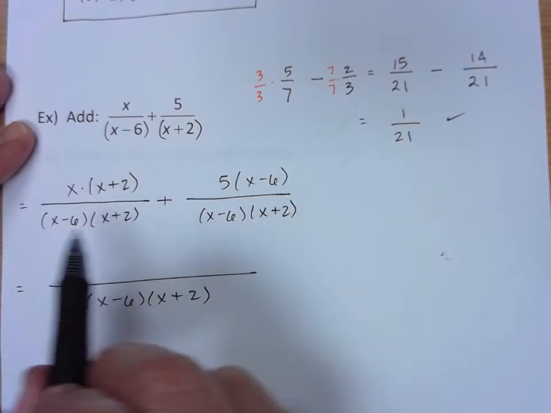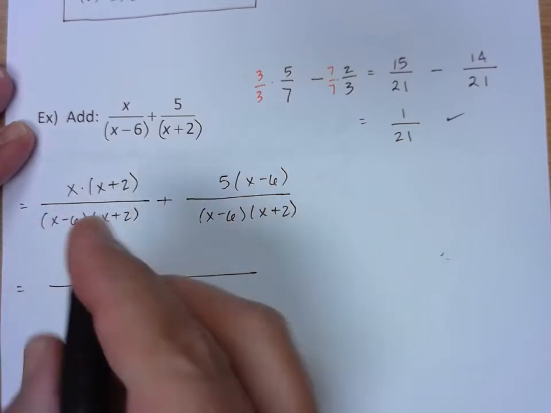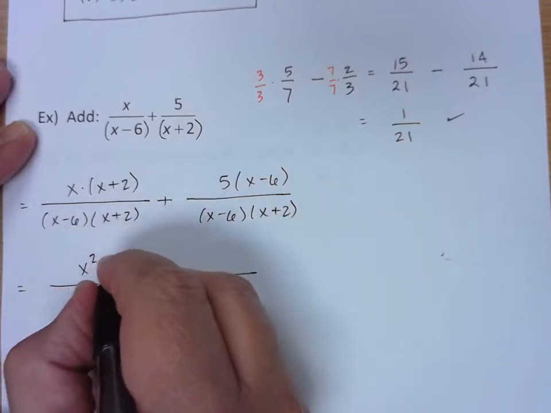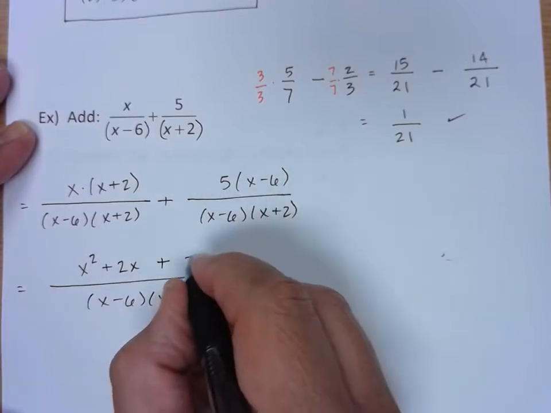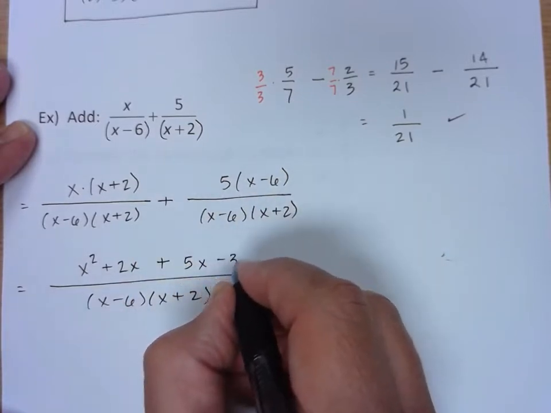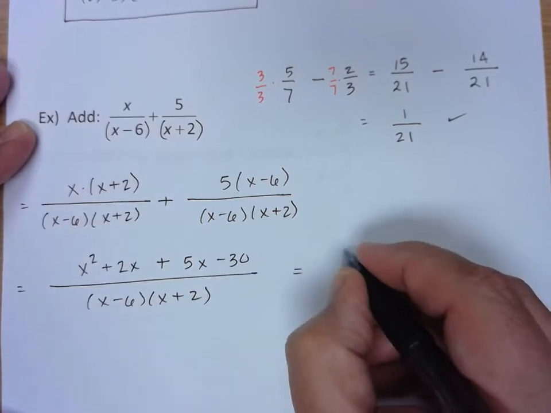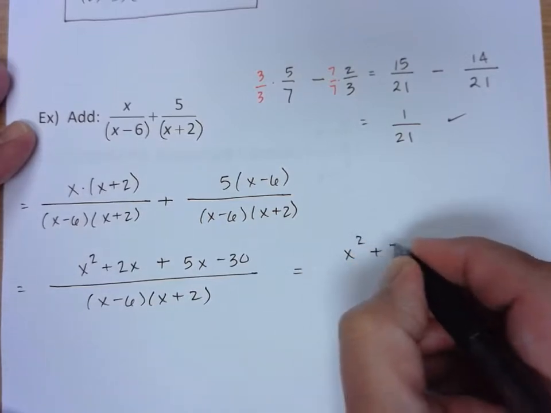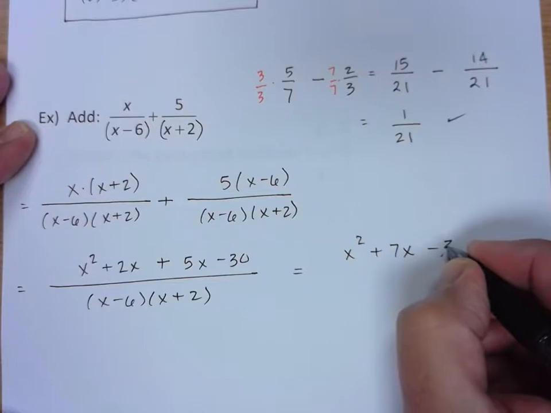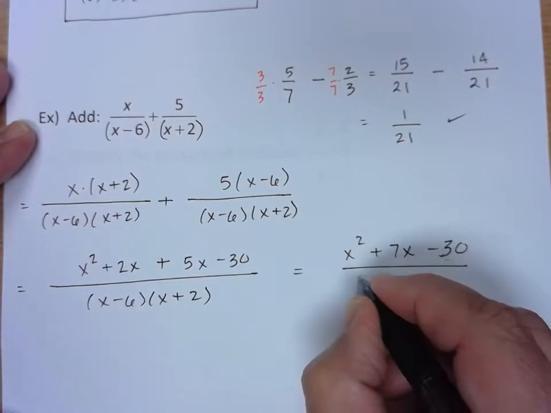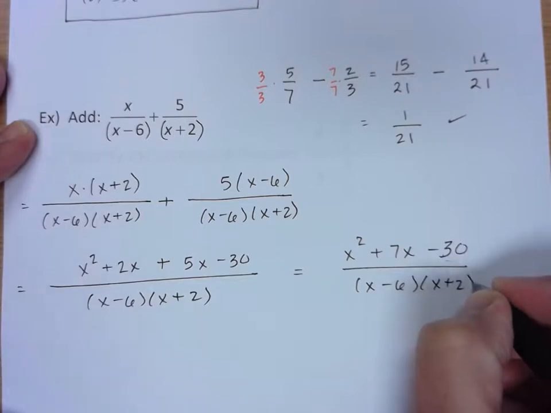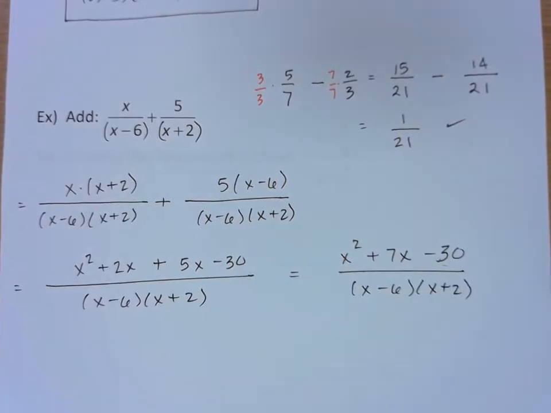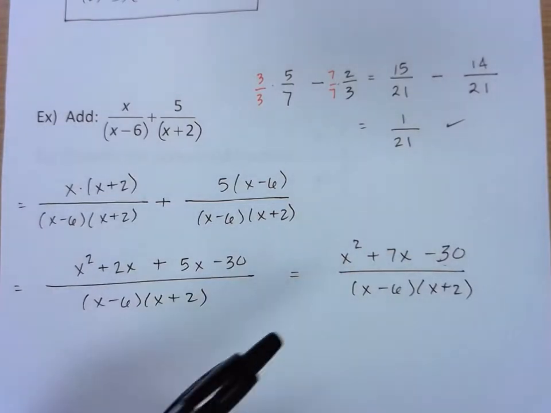So now that they have matching denominators, this numerator of x squared plus 2x can eventually add with this numerator of 5x minus 30 to give me x squared plus 7x minus 30 over that common denominator, x minus 6 times x plus 2.